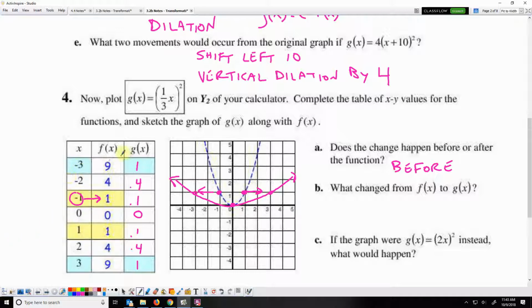But then, after my g of x, where I'm multiplying by 1/3 inside the function, it takes a -3 to get a 1. So it took 3 times the input to get the same output. So it's the input that is stretched.